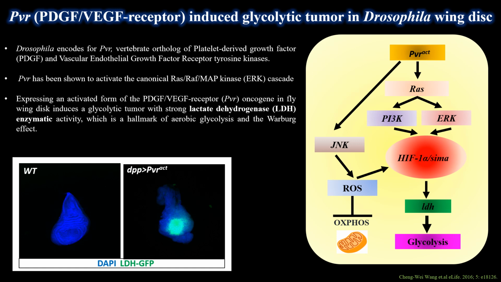PVR is shown to activate the canonical RAS-MAP kinase pathway, and it has already been shown that expressing activated form of PVR in the Drosophila wing disc using DPP, which is a wing disc driver, results in a massive growth of the wing disc and induction of LDH, which is a hallmark of aerobic glycolysis and the Warburg effect.